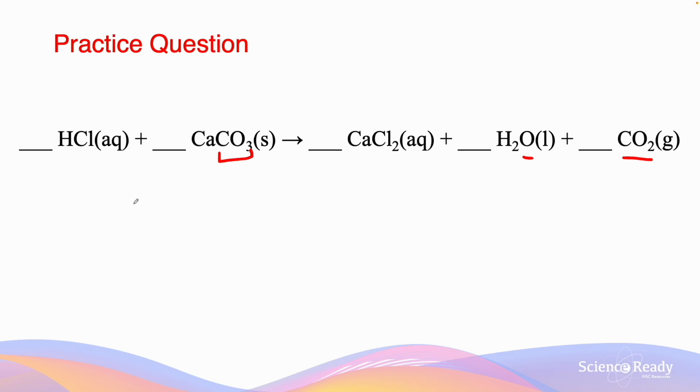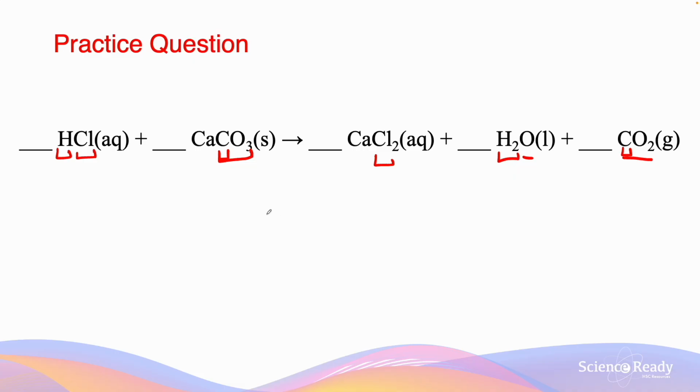So in the equation, hydrogen is exclusive only to HCl and H2O. Chlorine is exclusive only to HCl and CaCl2. Carbon is exclusive only to CaCO3 and CO2. We could begin balancing with any combination of species as long as they have elements that are exclusive only to those pairs.